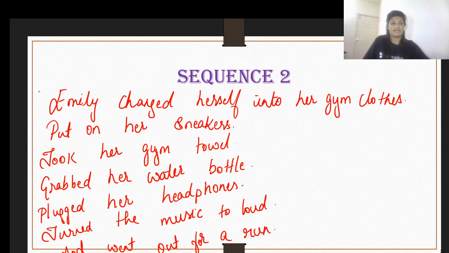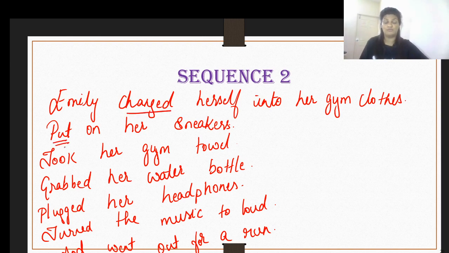So here let us analyze. Like I told you, when you are narrating a sequence, what happened? This happened first, after this, after this, this. You are narrating a sequence, and when you are doing that, you employ simple past, like the way I have done over here. Emily changed herself into gym clothes. Changed, put on her sneakers.